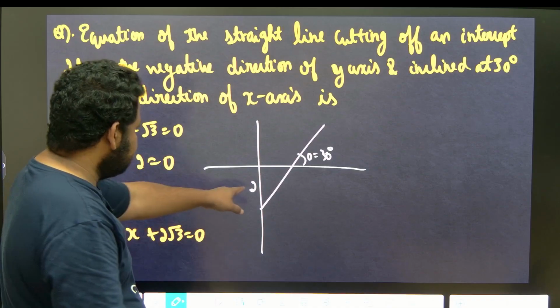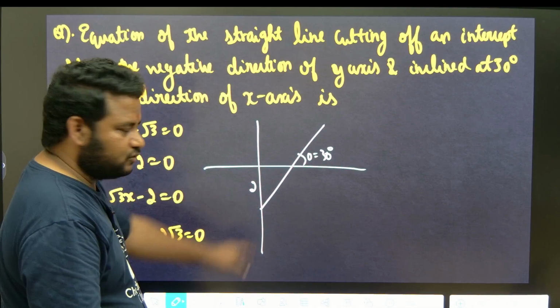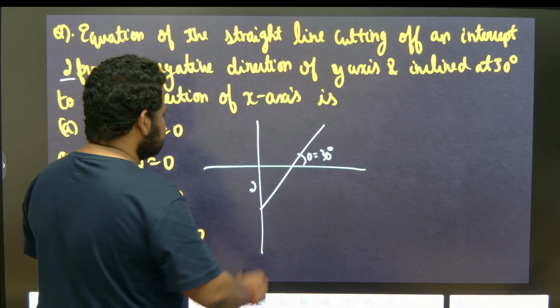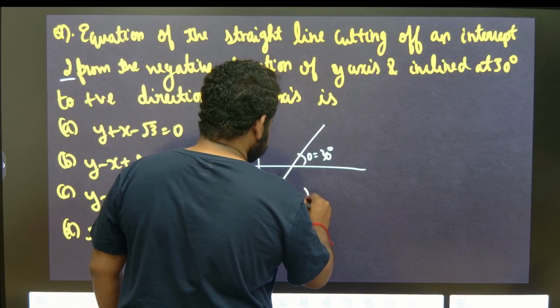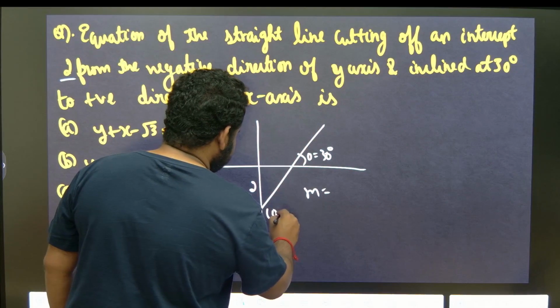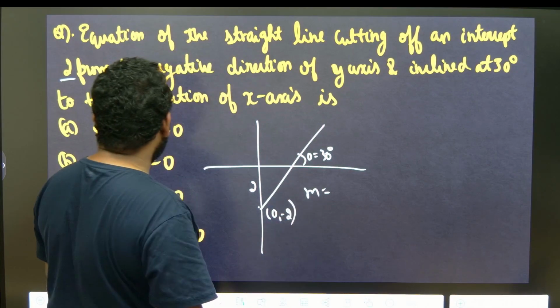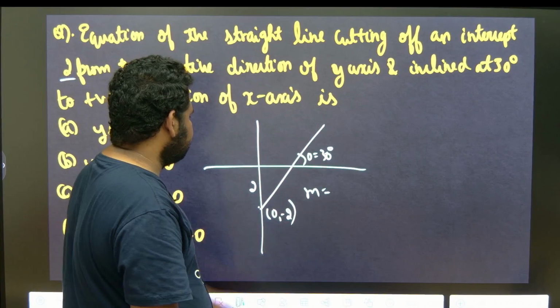So here it is the negative direction. So what can I write here? This will be the point 0 comma minus 2.